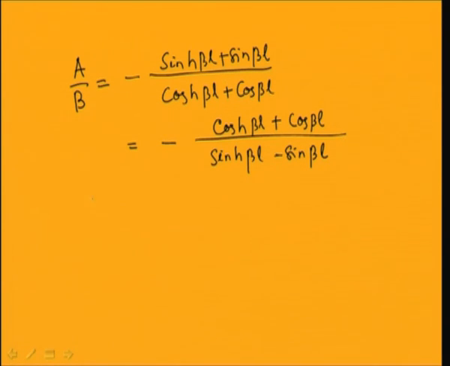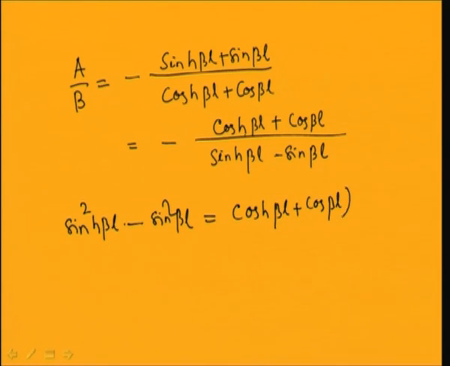By cross multiplying this equation, this is sin hyperbolic beta L plus sin beta L, and this is sin hyperbolic beta L minus sin beta L. The product of these two gives sin square hyperbolic beta L minus sin square beta L, equal to cos beta L plus cos hyperbolic beta L. So this is also cos hyperbolic beta L plus cos beta L, whole square.